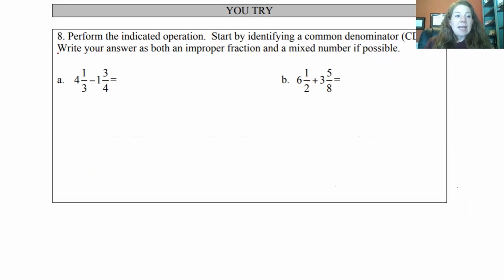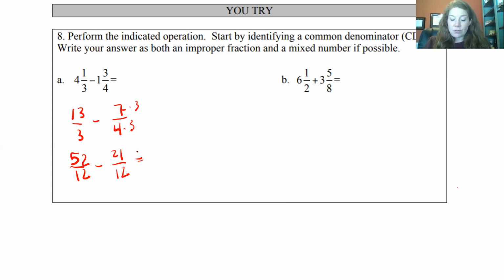So number 8A, we're going to make this improper. So 3 times 4 is 12, plus 1 is 13 thirds. 4 times 1 is 4, plus 3 is 7 fourths. Our least common multiple is 12. So 3 times 4 is 12, so 13 times 4 is 52. 4 times 3 is 12, so 7 times 3 is 21.